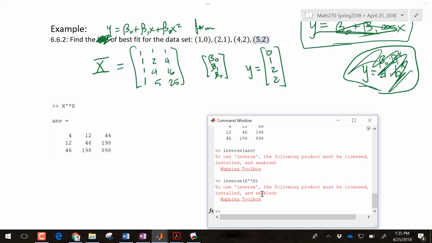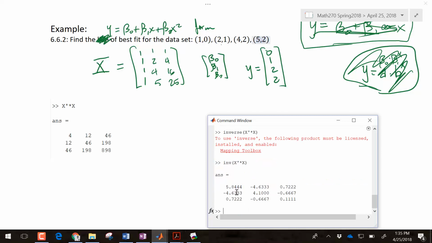Oh, it's INV. I'm getting mixed up with all these programs. Sometimes they use Mathematica and sometimes they use whatever.